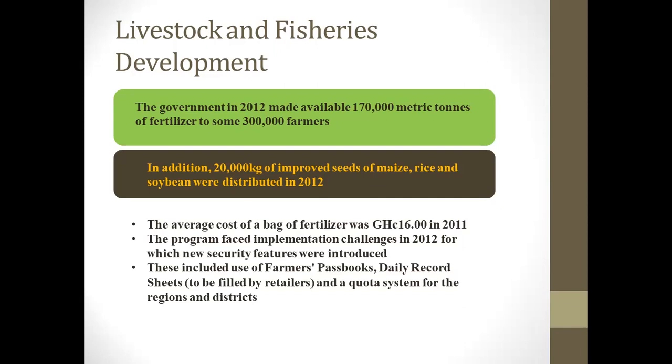Then the program faced implementation challenges in 2012, for which new security features were introduced. So there were some corruption activities and challenges in the distribution of these fertilizers, and to make sure that there are no unnecessary losses, new security measures were introduced, like the use of farmers' passbooks, daily record sheets, and the quota system for regions and districts.